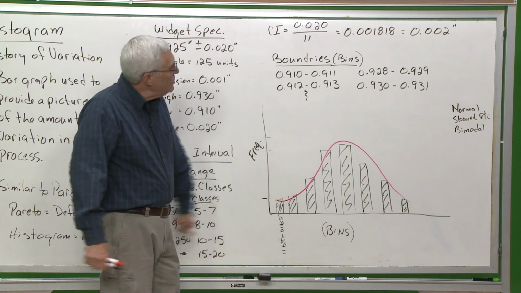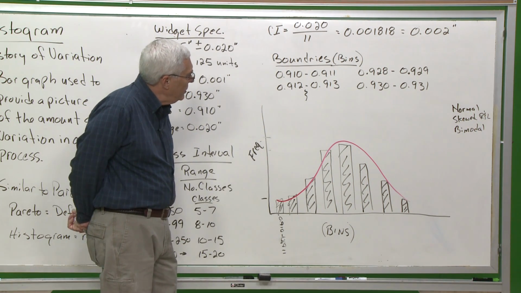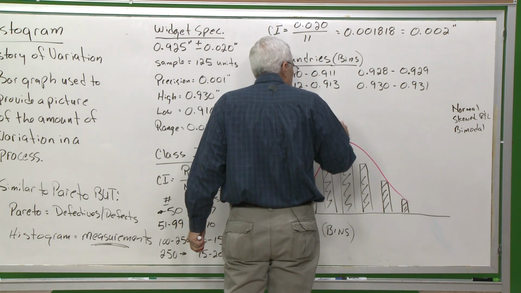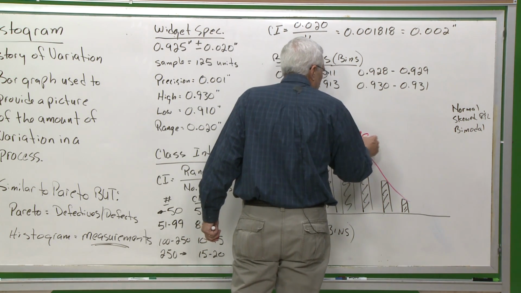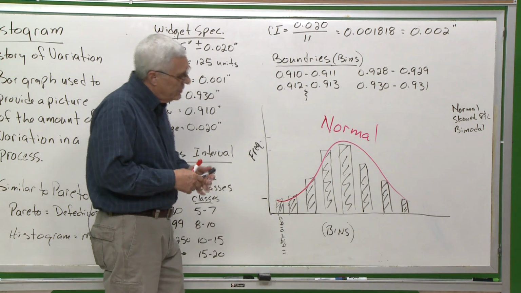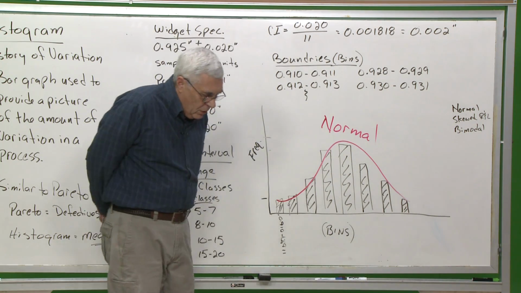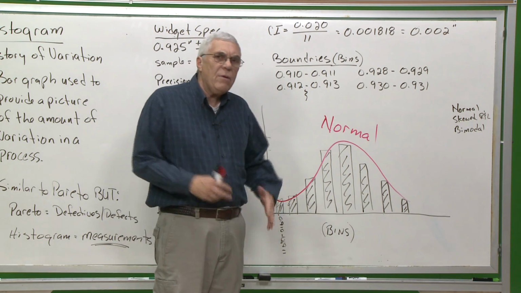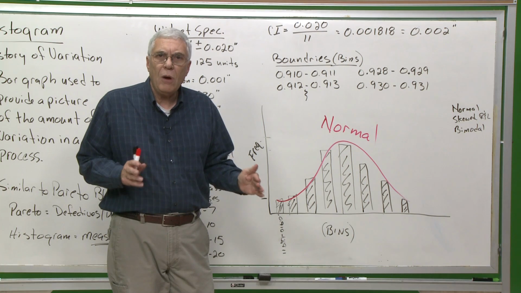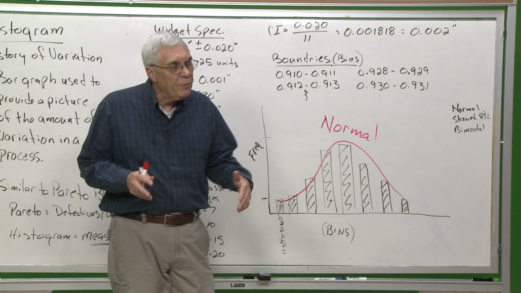If I see this bell-shaped curve, I'm going to call that a normal distribution curve. Here's what that means. The variation in these widgets comes from the process, not from anything else.